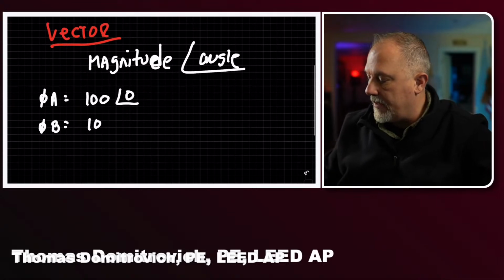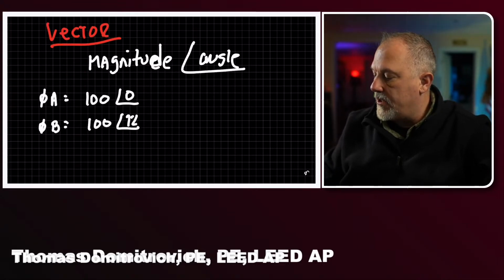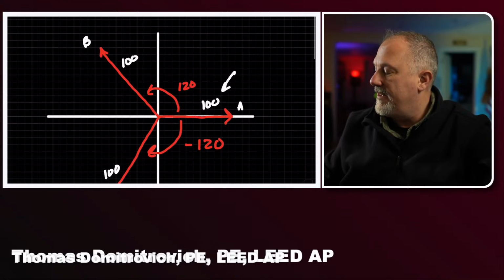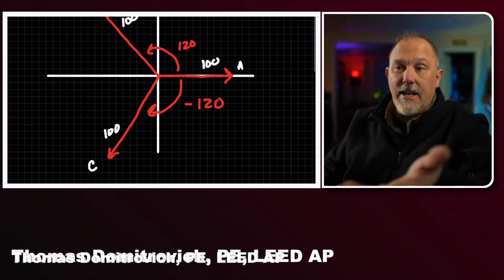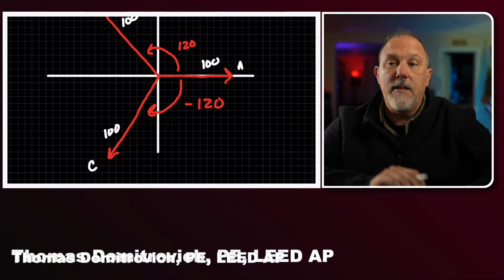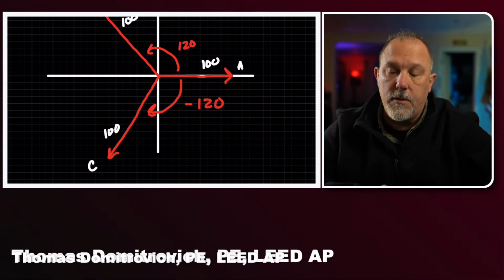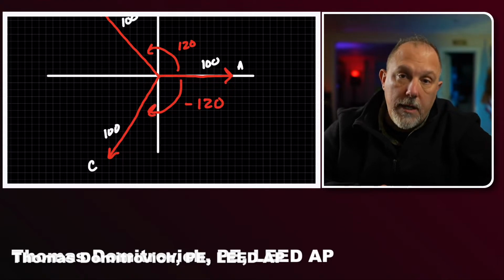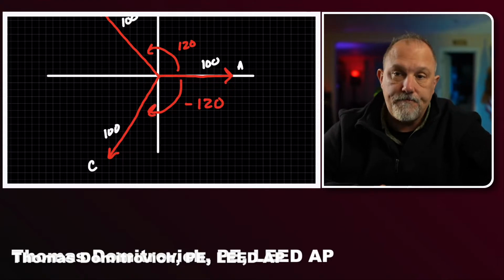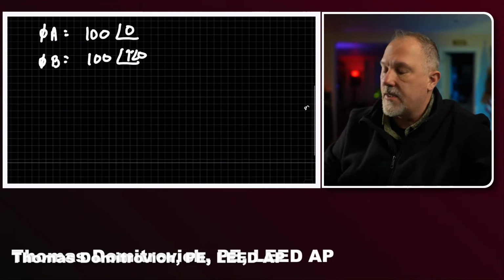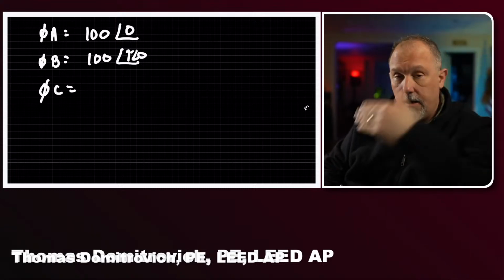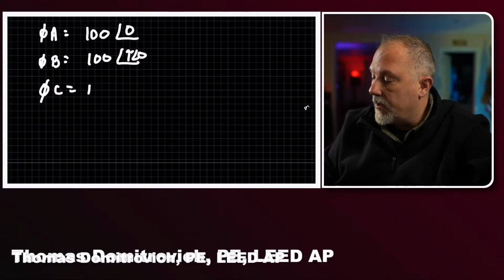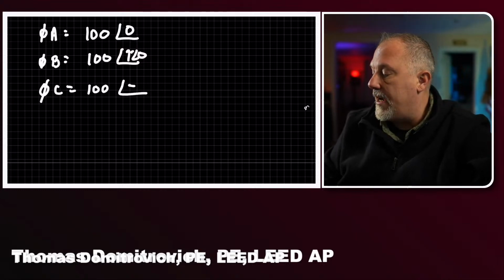I was trying to get rid of that and doing the back thing. All right, so what's phase C going to be? I could say phase C is 100 at an angle of 240 or an angle of minus 120. I'm going to say minus 120 because I'm going to reference everything to my phase A. So that's 100 at an angle of minus 120.